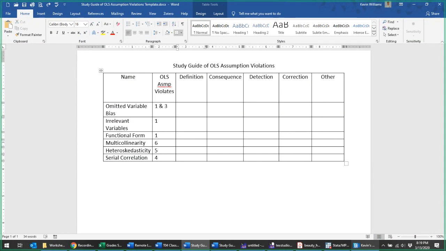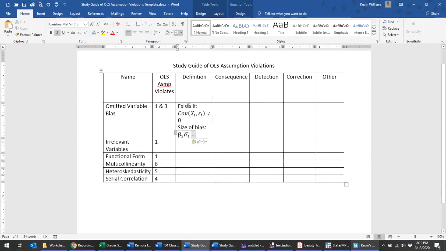As we just saw on the board, that assumption is also false, because the omitted variable, which is part of the error term because it's not included in the model, is in fact correlated with the included x in the model. So the definition of omitted variables bias is that there is correlation between x and the error term, and the definition of the bias itself is beta 2 times alpha 1 hat.